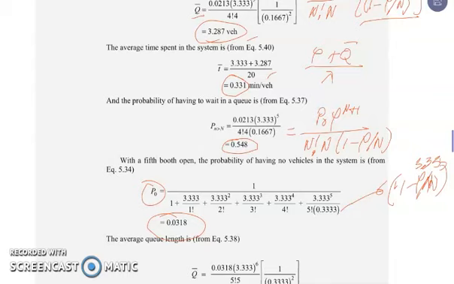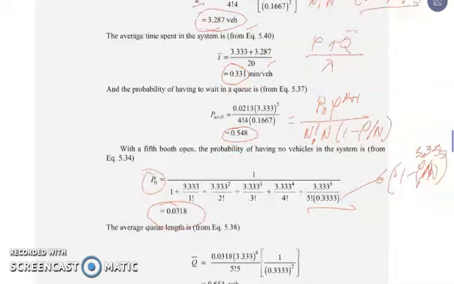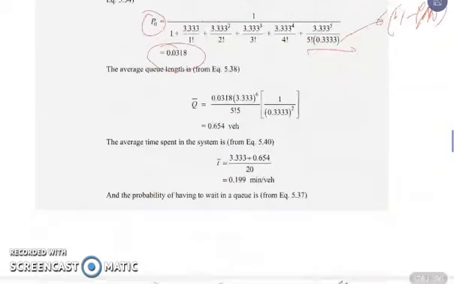If we subtract this from 1, it gives us a value of 0.33. So you have here the result. If we simplify, you get now a value of 0.0318. Now again, for the average queue length, it will give us a value of 0.654 vehicles, and the average time spent in the system is equivalent to 0.199 minutes per vehicle.